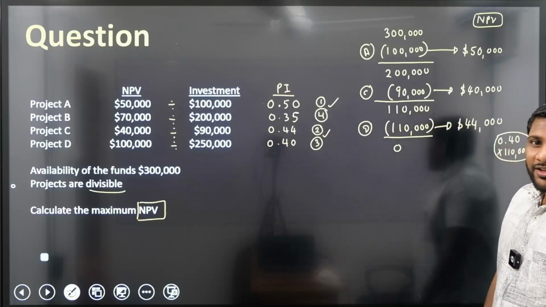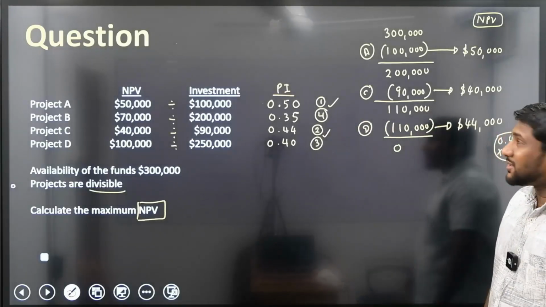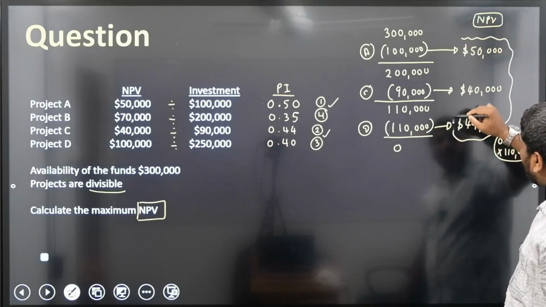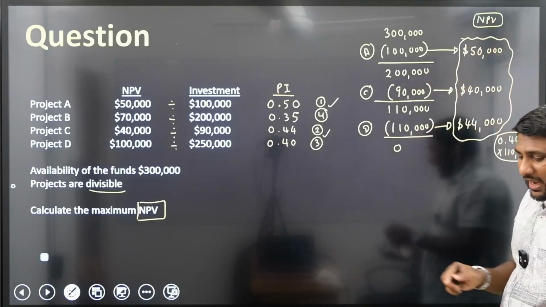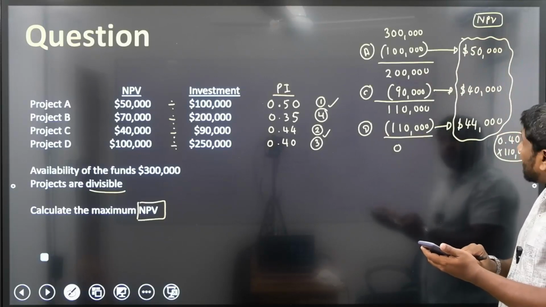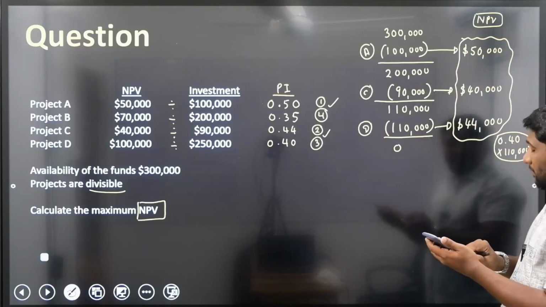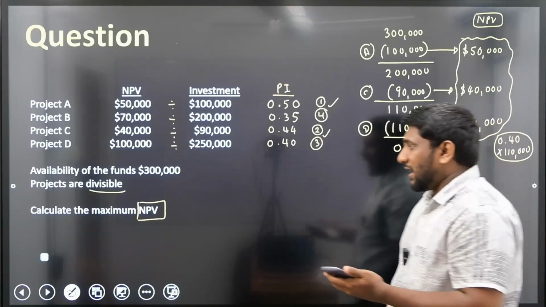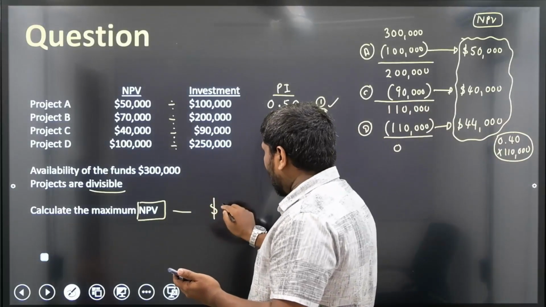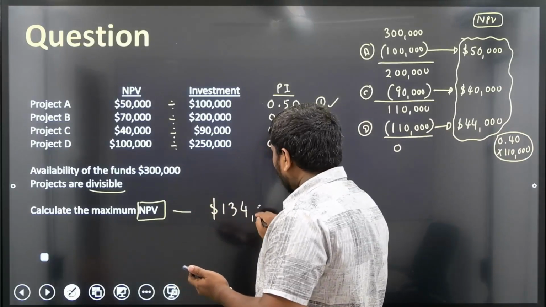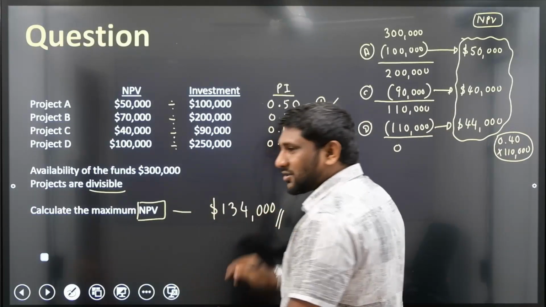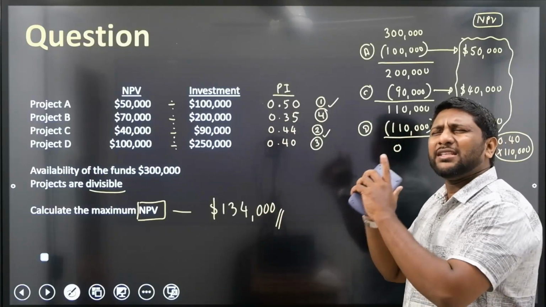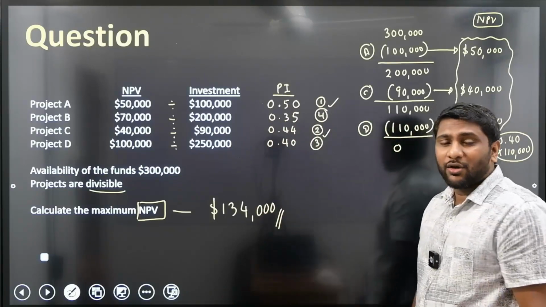So using my $300,000, what is the maximum NPV that I can generate? 50,000 plus 40,000 plus 44,000. So the maximum NPV that I can generate is $134,000.